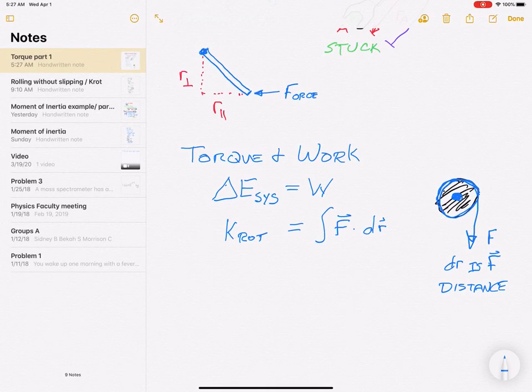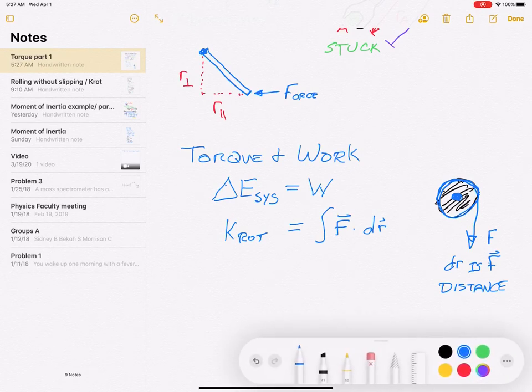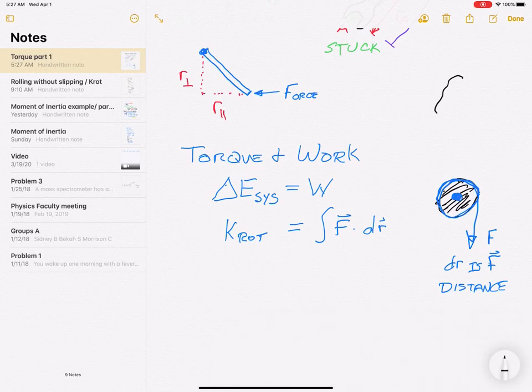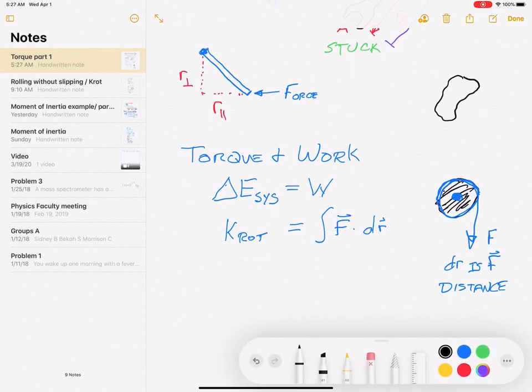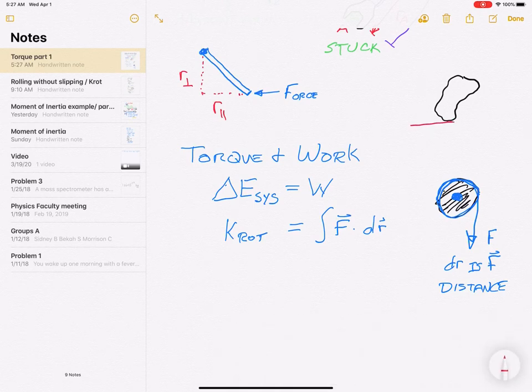Another scenario is if we again had an easy to rotate object. So let's say something like an asteroid, and we apply rocket thrusters right at this edge.